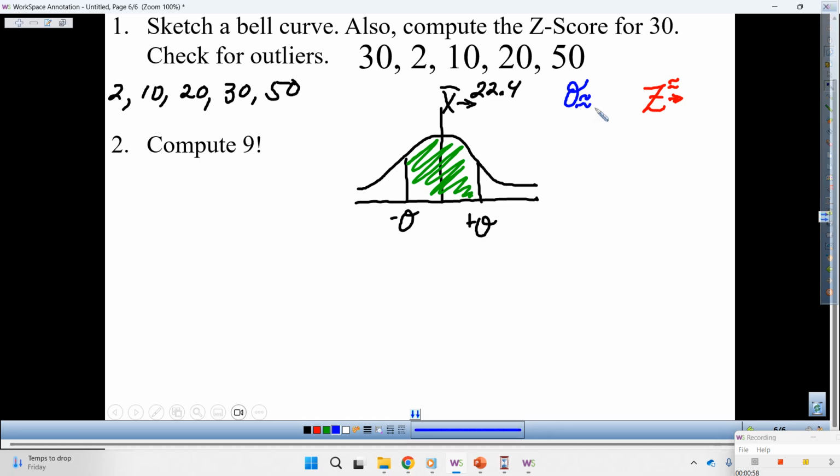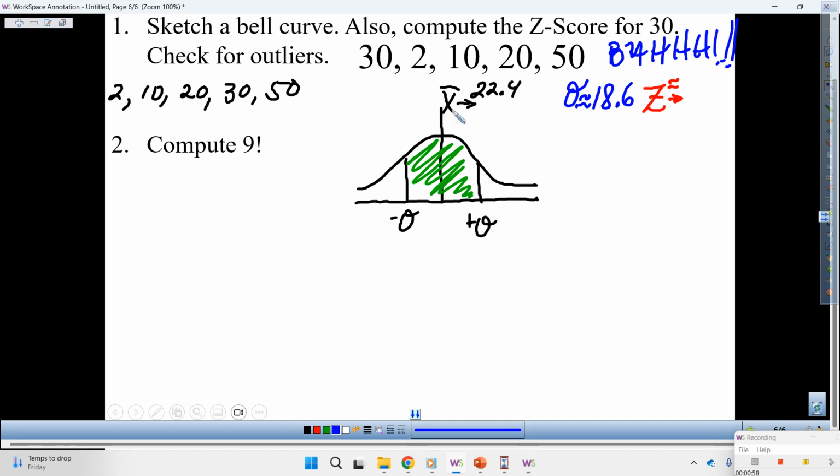Amelia, what you get? $18.6. All right. Hands, if you got something like that, looks about right.